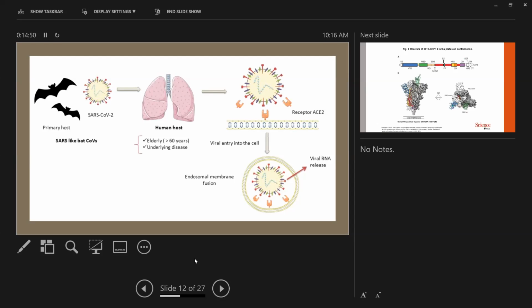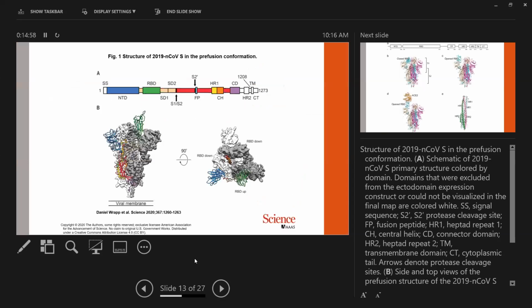So the first thing that this virus does is it attaches to these ACE2 receptors. And this spike protein has been very heavily worked on. There's been some very nice electron microscope and X-ray crystallographic pictures of the spike protein. This is a beautiful protein.